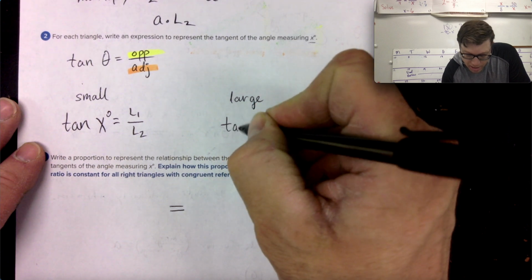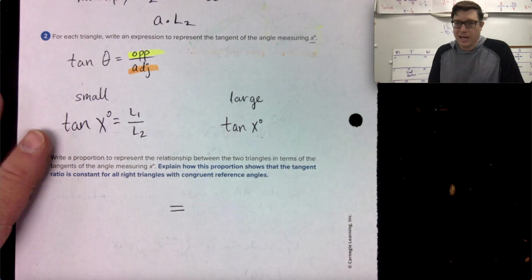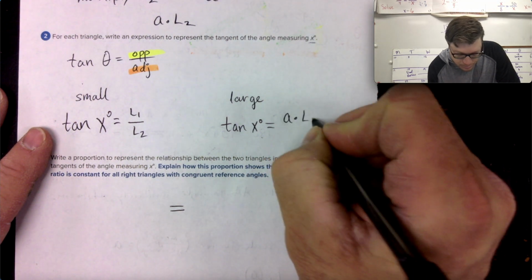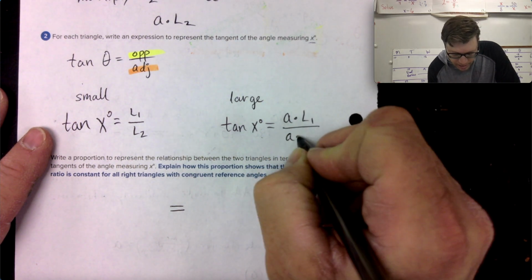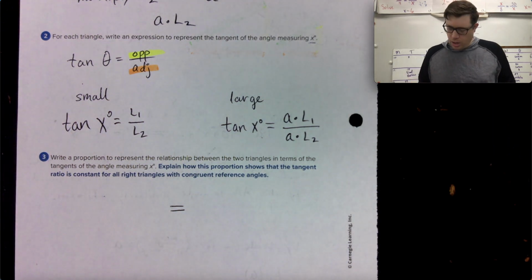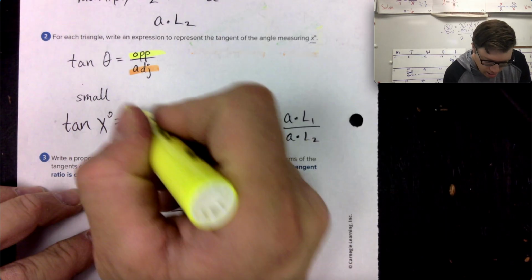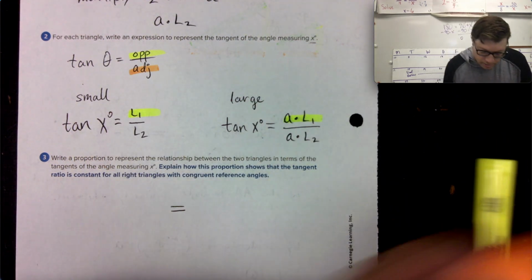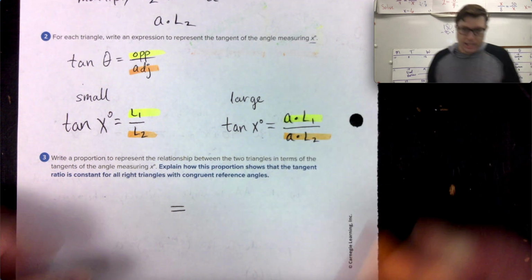So in the large triangle, they have the same angle of x, but now it's A times L sub 1 over A times L sub 2. That should look familiar though, because this is still opposite side over adjacent side.